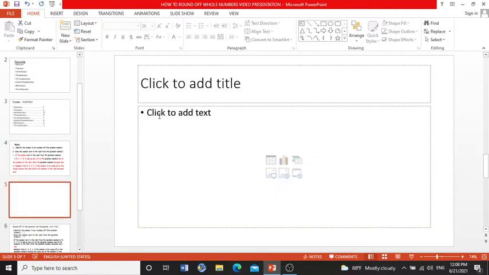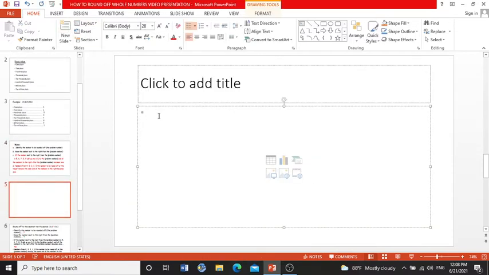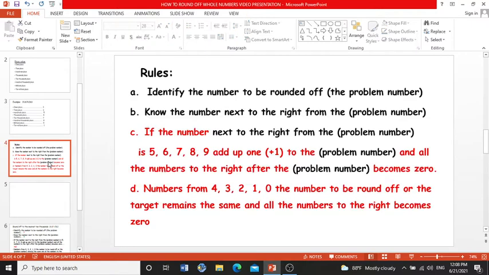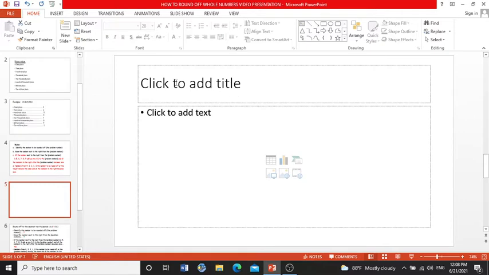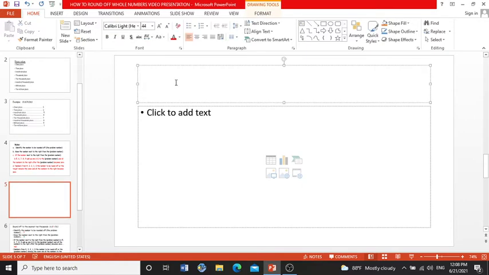Okay, let's try here. The first rule is identify the number to be rounded off. So, if I give you a problem, this is just an example. Please try to focus here. Let's say I have 12 million 567,342.